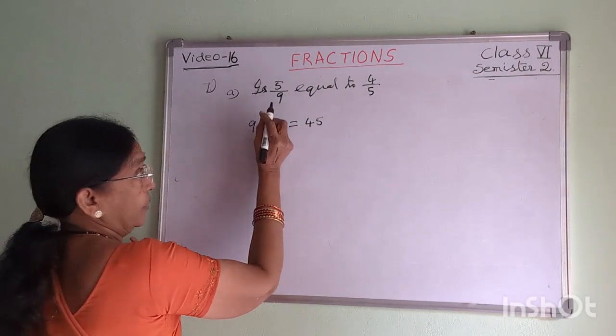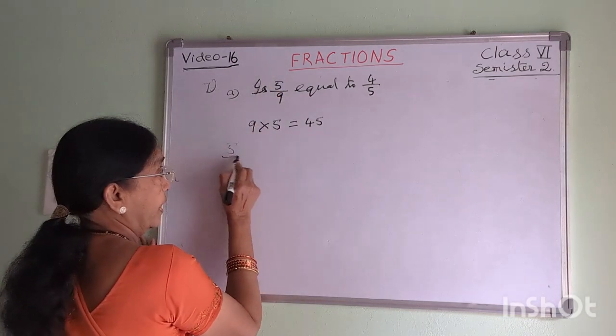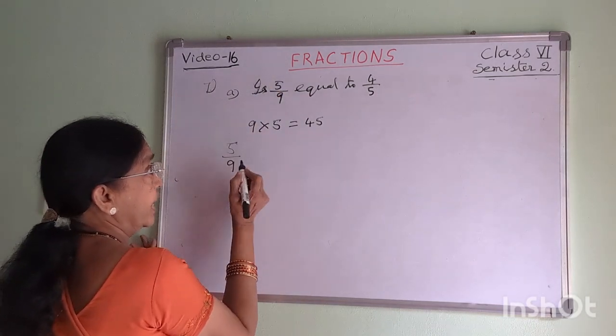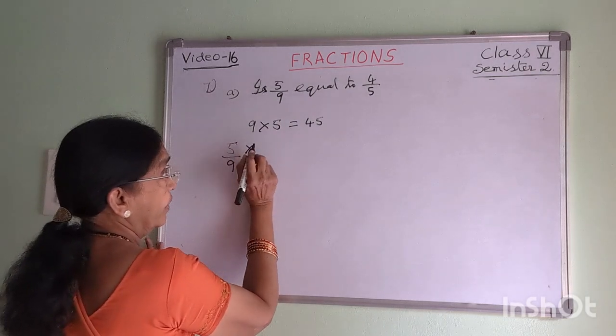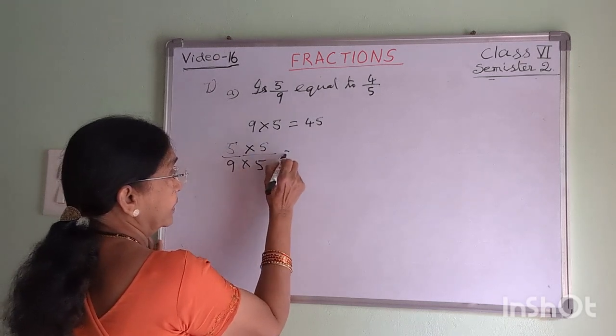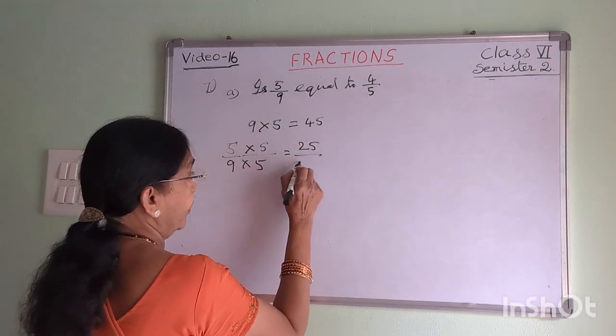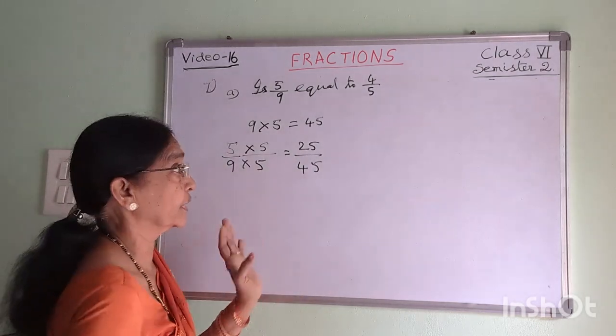Therefore, if we multiply the first fraction, both numerator and denominator by 5, we get 25 by 45. We get 45 as the denominator.